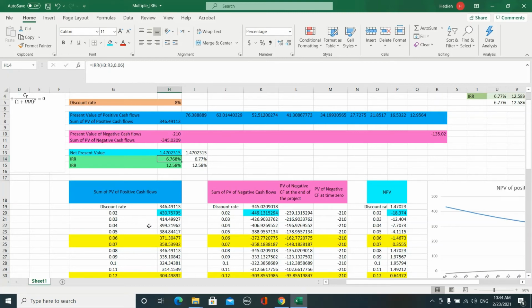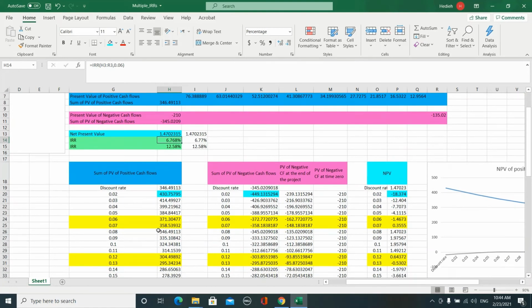Okay, but why do we have two internal rates of return? Okay, now take a look. After your NPV increases and gets close to 0, and then it becomes positive at 7%, if you increase your interest rate, what happens?